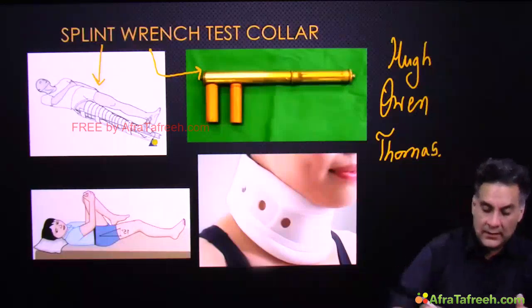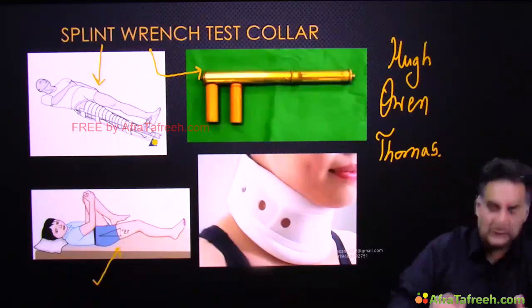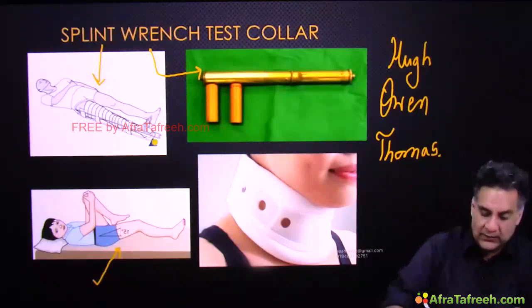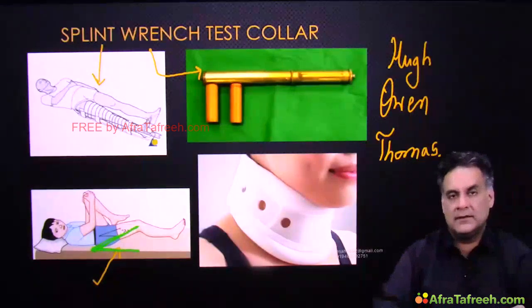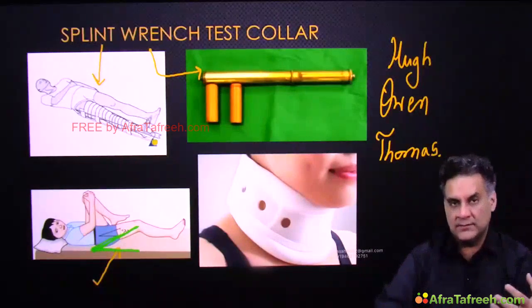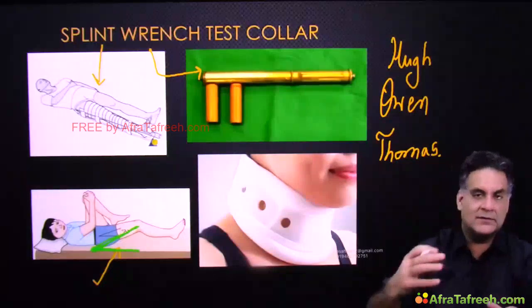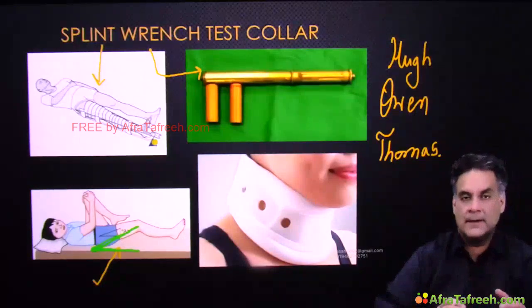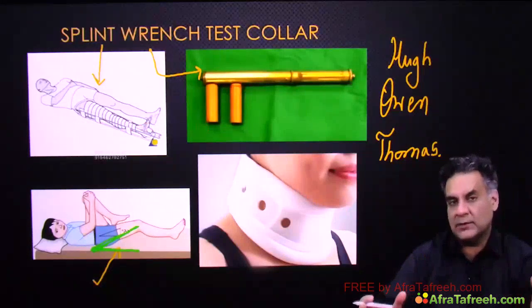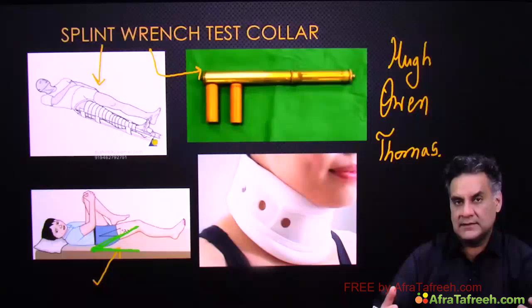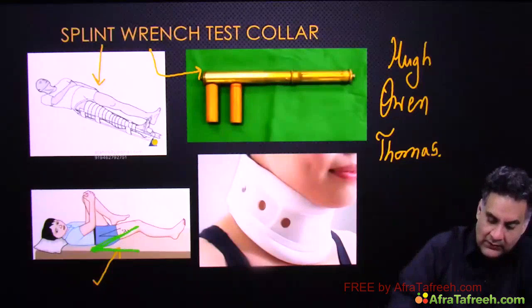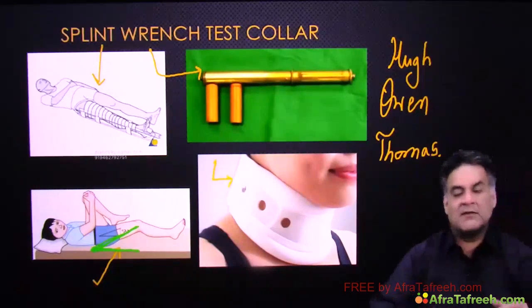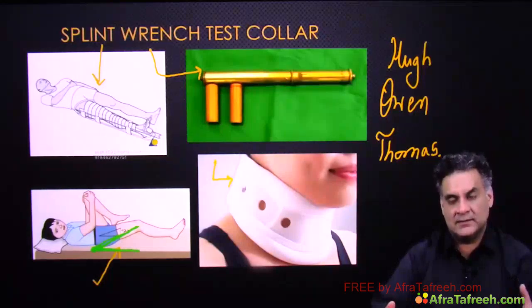Thomas gave a test called Thomas test, which talks about the flexion deformities of the hip. Trust me, if I have to remember one contribution of Thomas, it is the Thomas test. That is why it's the most common question asked from this area. The other thing he gave was the cervical collar for neck injuries.